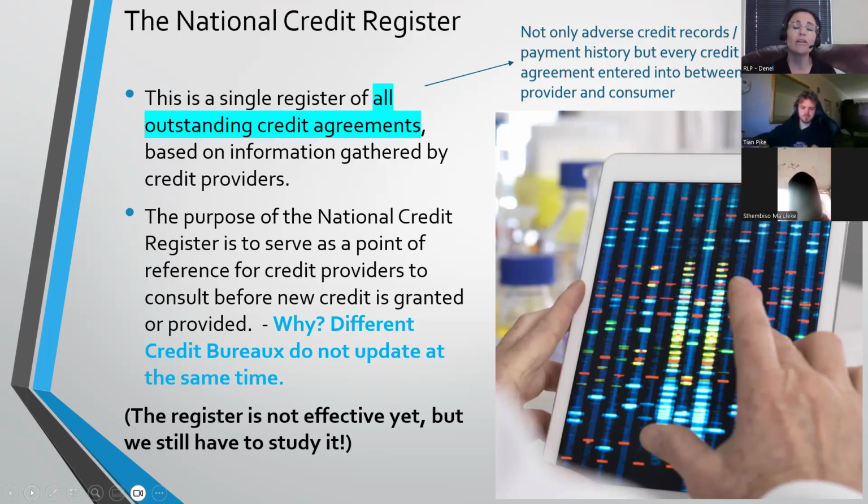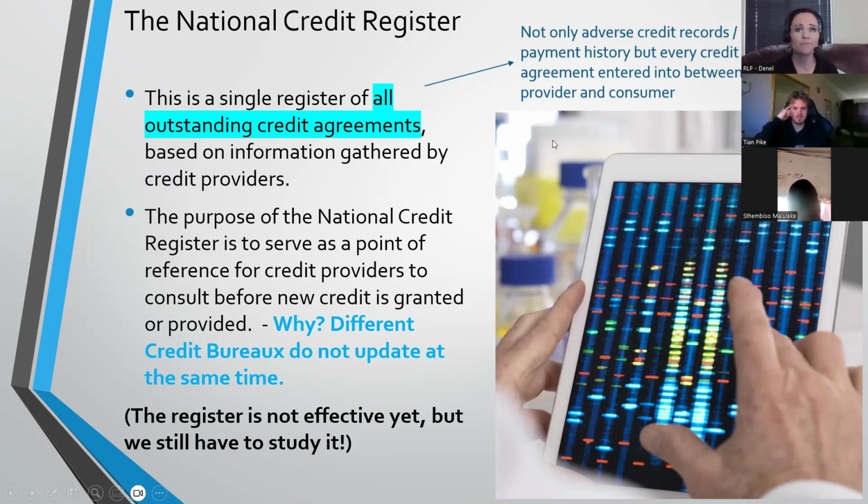So the National Credit Register will then keep a record of every single outstanding credit agreement. So regardless of whether you work through Credit Bureau A or Credit Bureau B, they force all credit bureaus to check the National Credit Register before deciding whether to approve credit or not. Does that make sense? Okay.